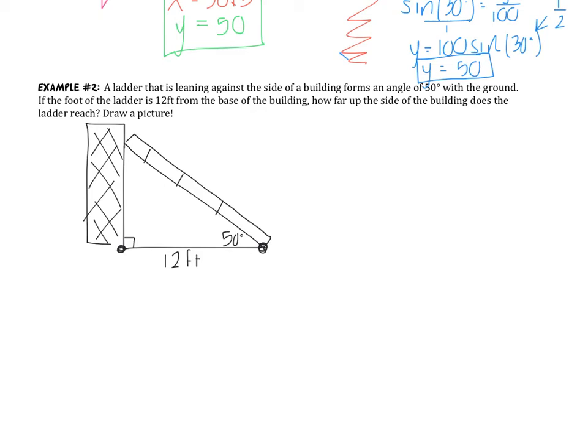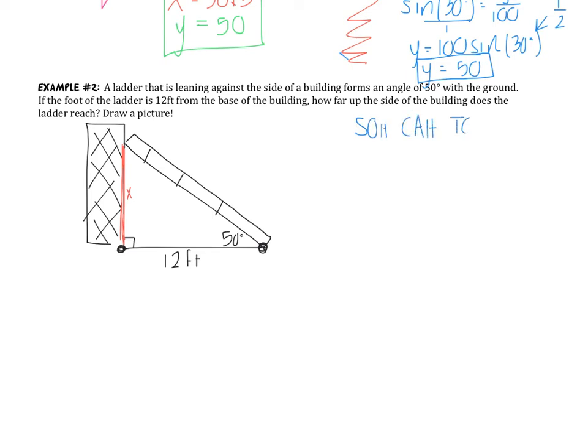How far up the side of the building does the ladder reach? So I'm trying to find this distance right here on the building. How high up does the ladder reach? Here's my picture, first step, and now I'm going to use my trig functions again. So SOHCAHTOA.